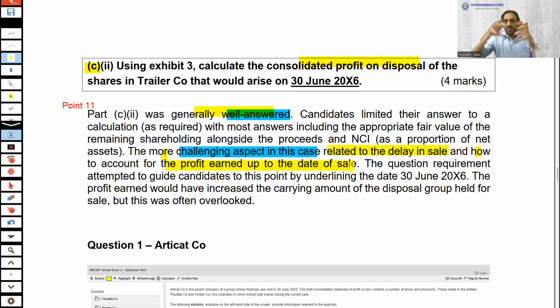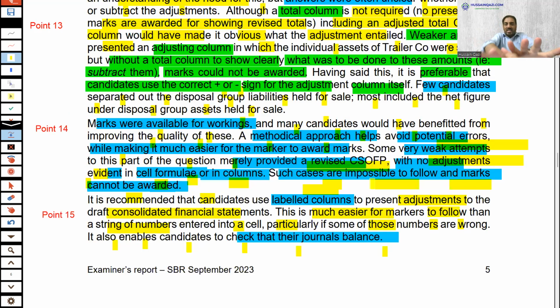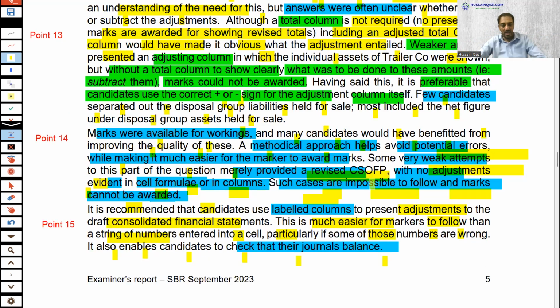The disposal date is after the year end, so we pick the year-end value, fair value less costs to sell, and then incorporate the profit, to identify the figure of net assets at the disposal date. The question requirement attempted to guide candidates to this point by underlining 30th June X6. So reading the question requirement and the context is very important. That is all about the key aspects of the examiner report.